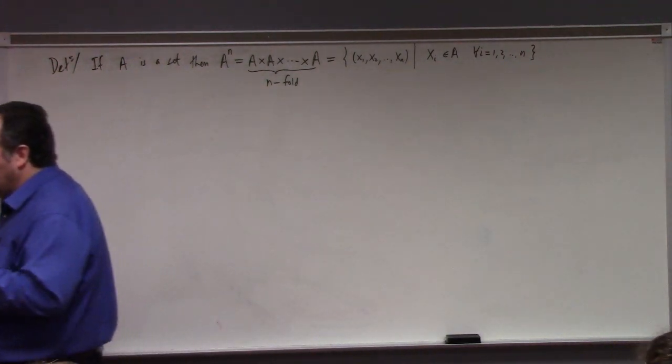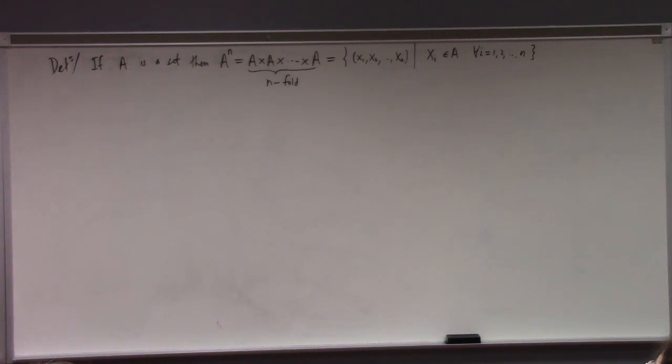In the context that we're just taking the Cartesian product of a set with itself n-fold times, we use the exponent notation to indicate what we mean by that. All right?